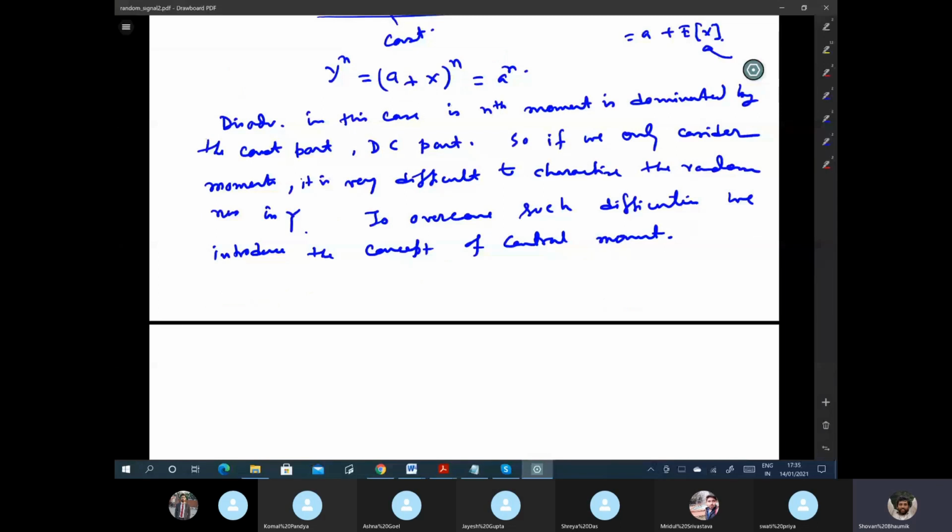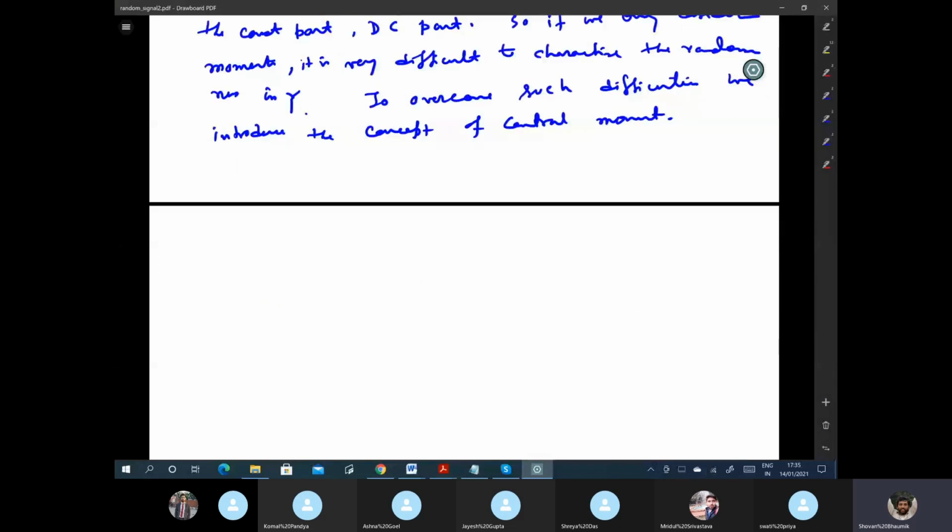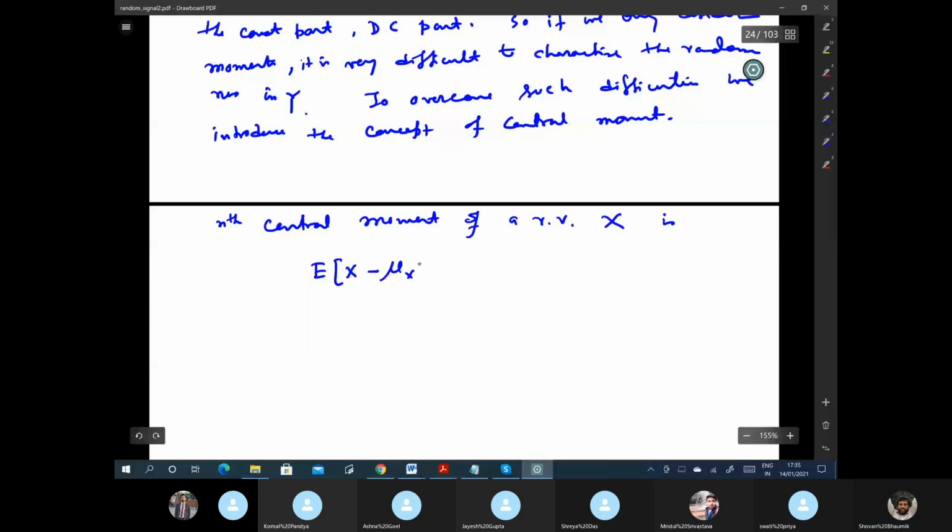of a random variable x is the expectation of x minus E of x, that means mu x. How can we write it? Very simple, like earlier: integral from minus infinity to infinity of (x minus mu x) to the power n times f x of x dx, right?